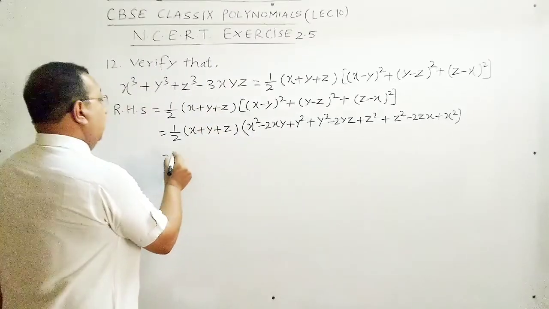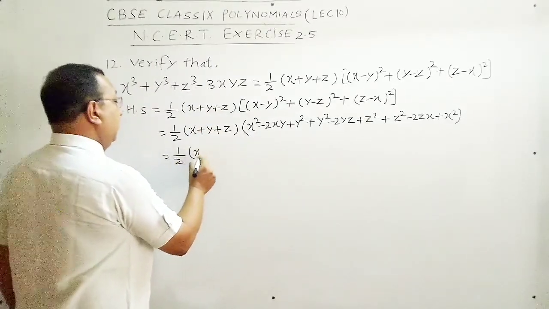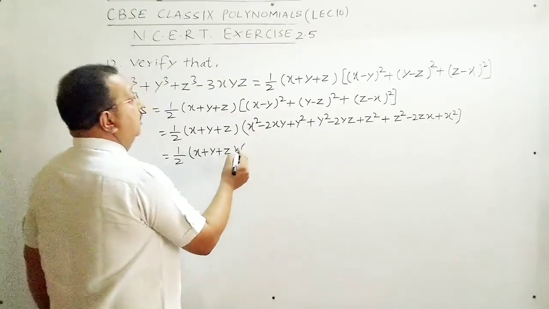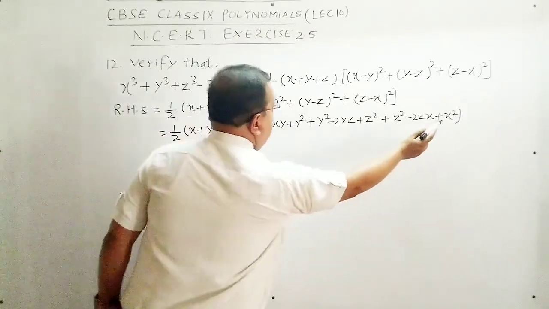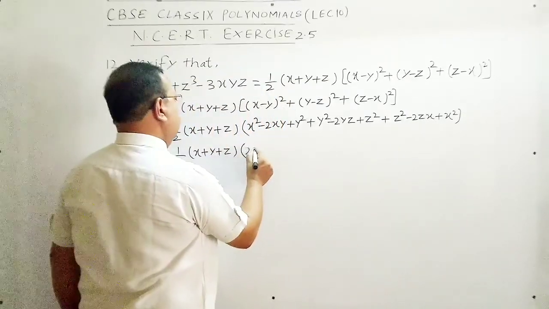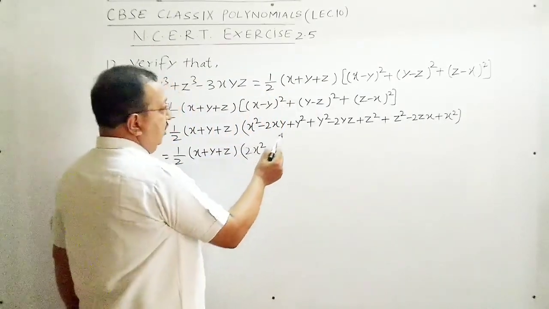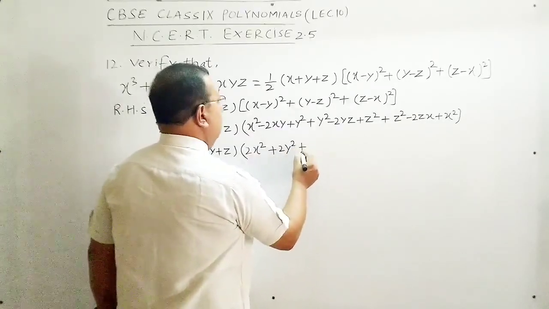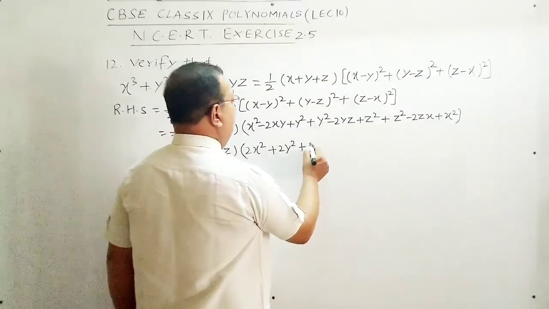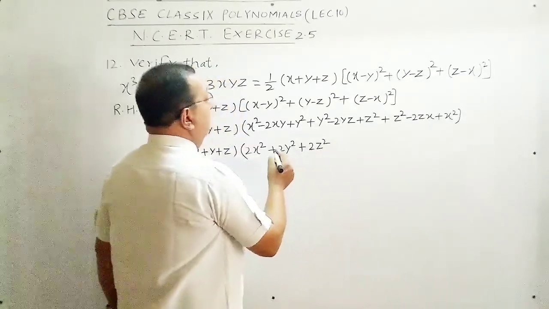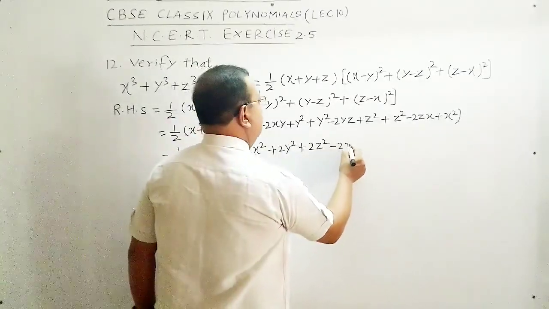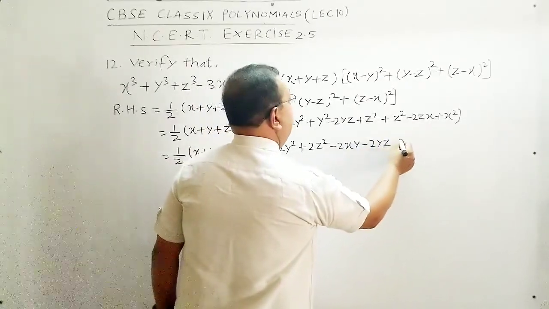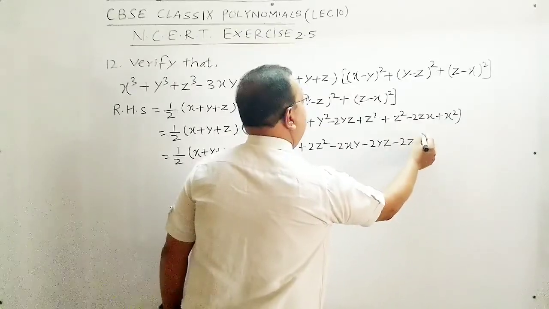Now half x plus y plus z, x square and x square on addition 2x square, y square and y square is 2y square, z square and z square is 2z square, minus 2xy, minus 2yz, minus 2zx.